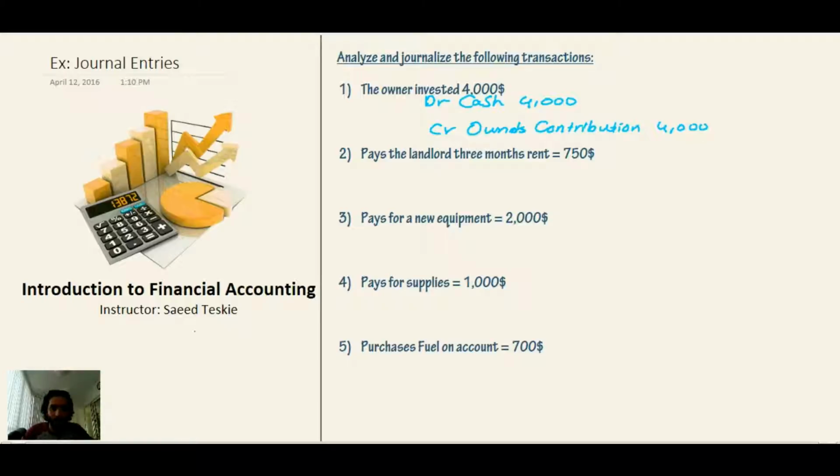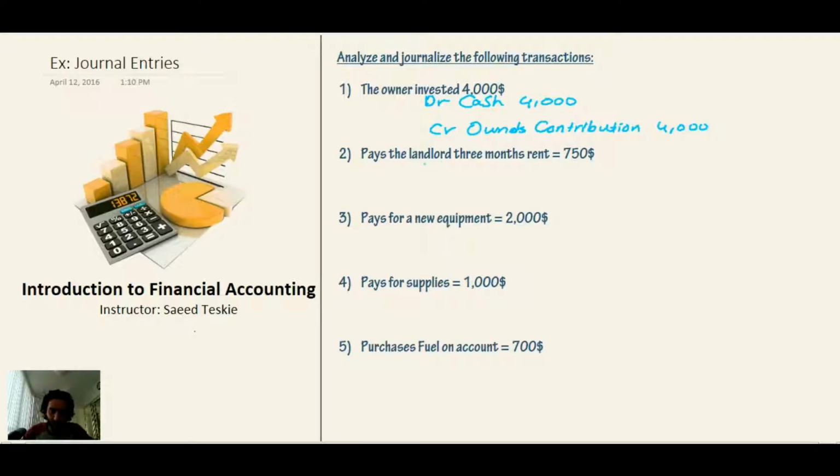So in a double entry accounting system, each accounting transaction should affect at least 2 accounts.